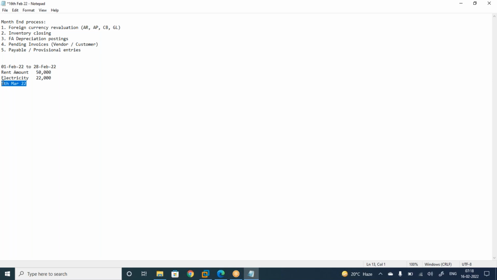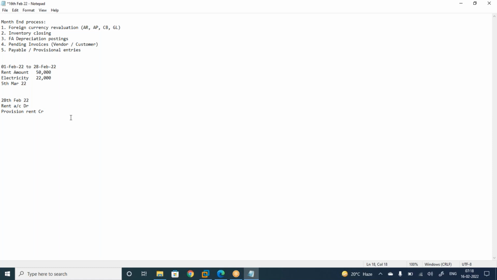So what will accountants do? There are two options. They will post expenses on 28th Feb 2022. On 28th Feb, they will post rent account debit to provision for rent credit.